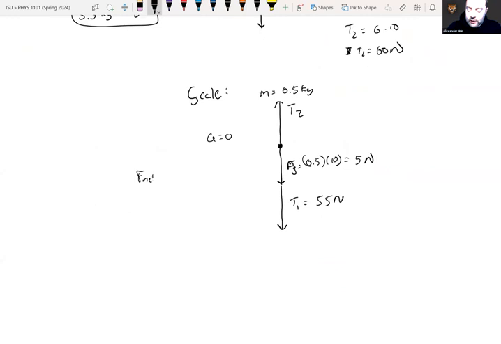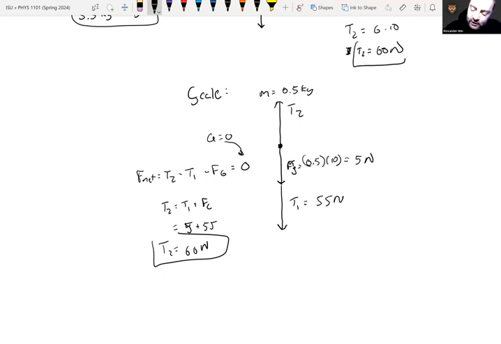So setting up F net, T2 is up, T1 is down, and the force of gravity is down, and those should be equal to 0, because acceleration is 0. We solve this and get T2 equals T1 plus Fg. That's just 5 plus 55, which is 60 newtons, which for T2 is exactly the same thing we got up above. So there are two different ways of approaching that problem. Both of them work just fine.